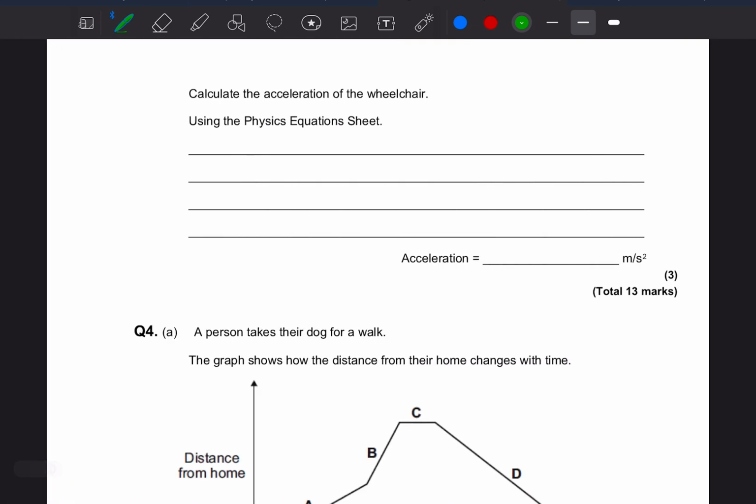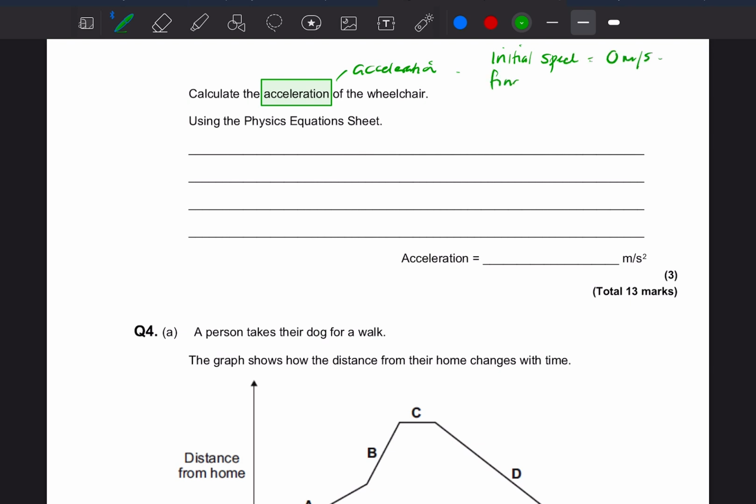Calculate the acceleration of the wheelchair. So that's what we're trying to find. And use the physics data sheet. So this is a bit tricky because it's over 2 pages. So what I'm going to do is list what I've got at the top. I have an initial speed of 0 meters per second.